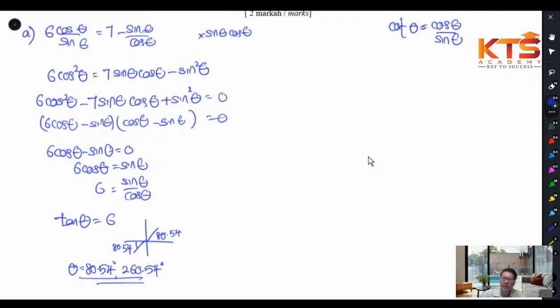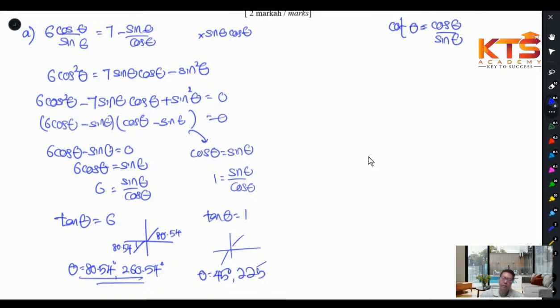And the other one is cos theta equals sine theta, so sine theta over cos theta equals 1. Tangent theta equals 1. Here and here, positive. So theta is 45 degrees, 225 degrees. So you have 4 answers.